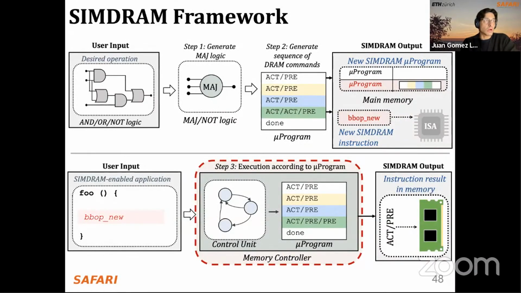So now someone can use this new bbop_new instruction in their code, and when the CPU is executing this code and finds this new instruction, it communicates to the memory controller that this new instruction has appeared, so that the memory controller loads the corresponding microprogram and starts sending the necessary commands to the DRAM chips in order to execute the operation inside memory or using memory.